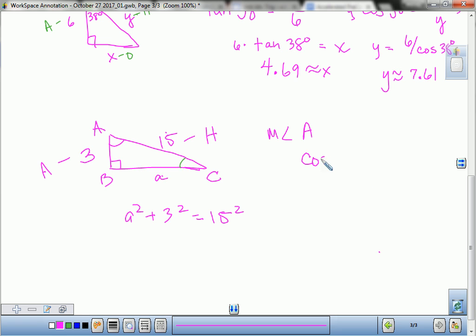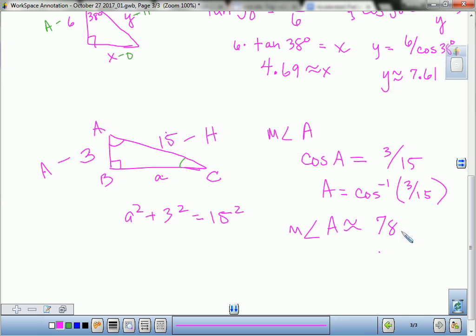Very good. So the cosine of A is equal to 3 over 15. So we would have to use the inverse. And so the measure of angle A is approximately 78.46 degrees.